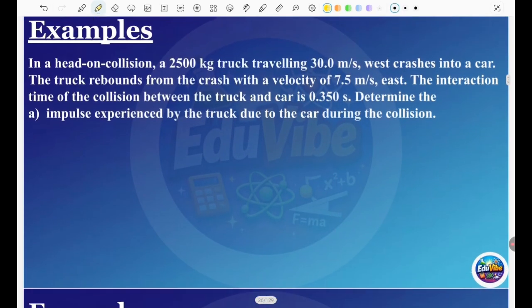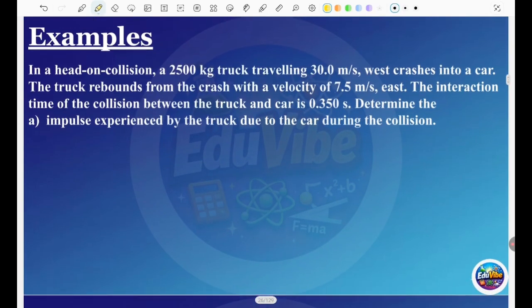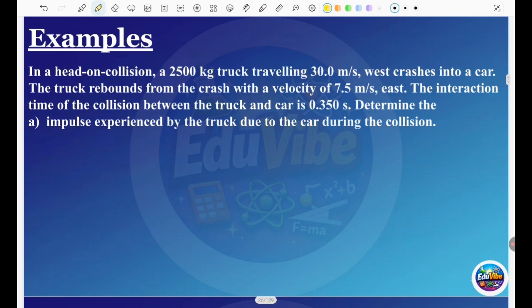Now let's deal with an example. One more thing I will discuss after this example. Impulse and momentum are all about collisions and explosions, which we will also deal with in later lessons. Head-on collision: a 2500 kg truck traveling 30.0 meters per second west crashes into a car.